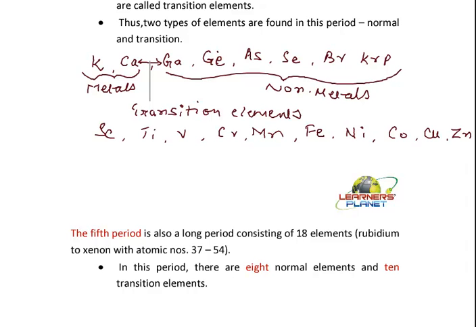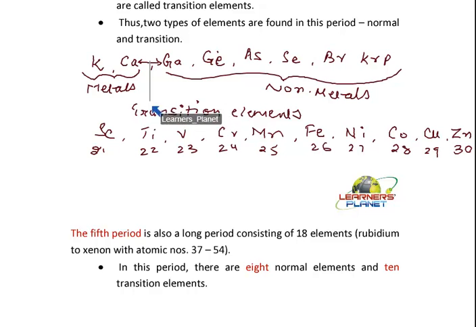And in between calcium and gallium, there are transition elements which show the properties between metals and the non-metals. So your scandium is 21, this is 22, 23, 24, 25, 26, 27, 28, 29 and 30. So these are transition elements.